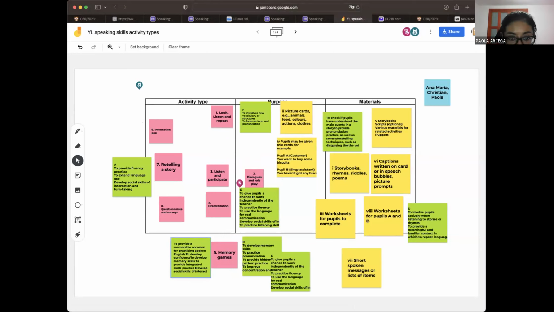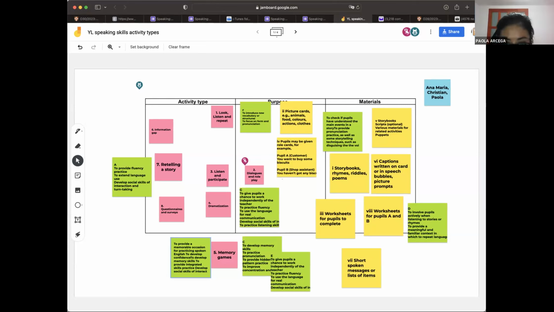I think, for example, dialogues and role play is to provide a memorable occasion for practicing spoken English, to develop confidence. Because with dialogues and role play, I think we can give the chance to work independently.